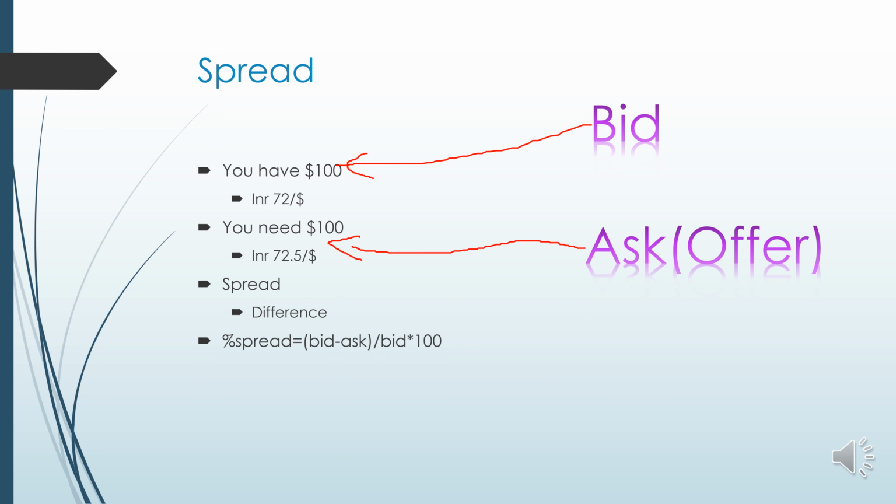Let's say 72.5 rupees per dollar. Thus, the difference created is the profit generated by the bank, and this difference is called a spread. Spread is often expressed as a percentage. Spread equals (ask minus bid) divided by bid, multiplied by 100.